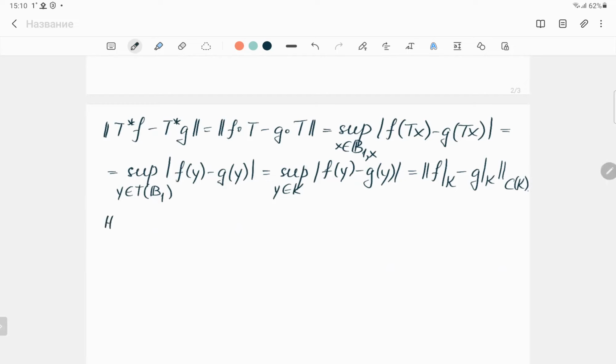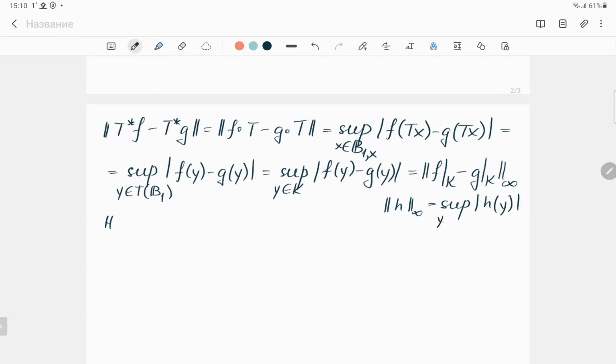Could you elaborate what is the C of K norm? C of K norm is just the supremum over K. Well, let me write down the definition of the supremum norm.